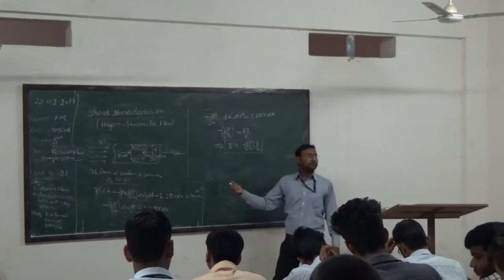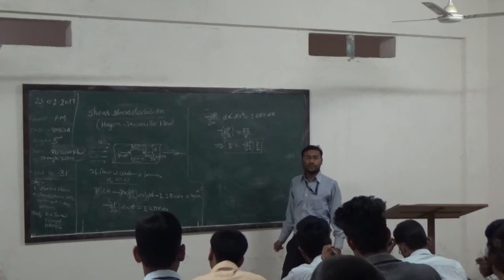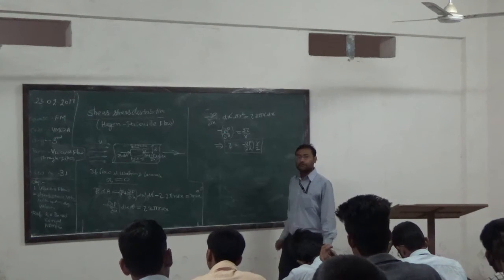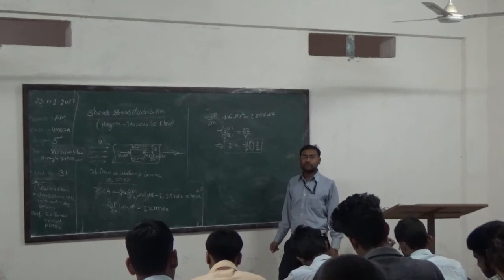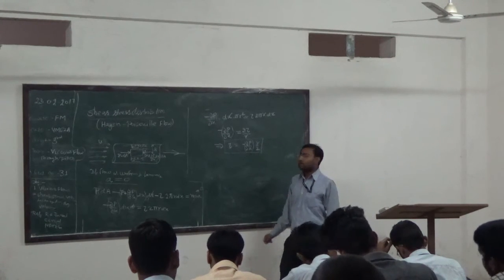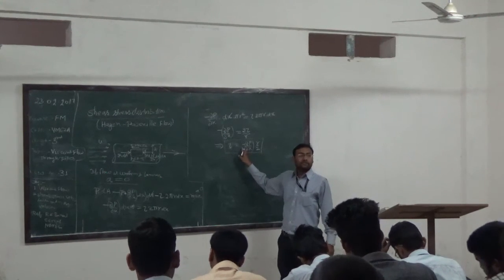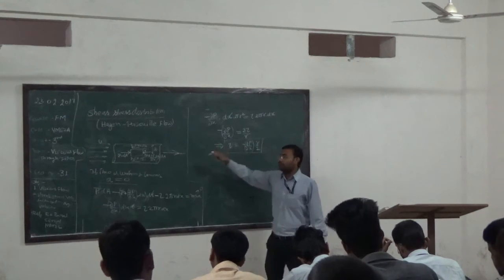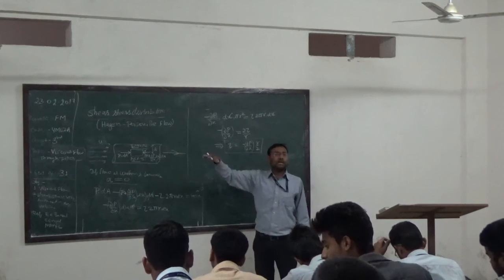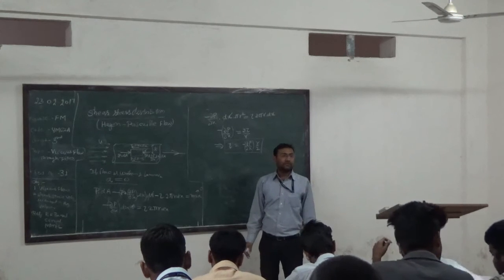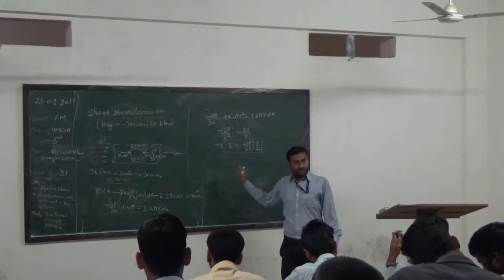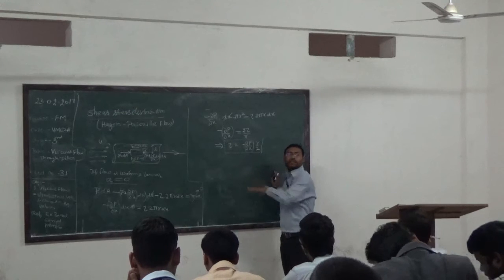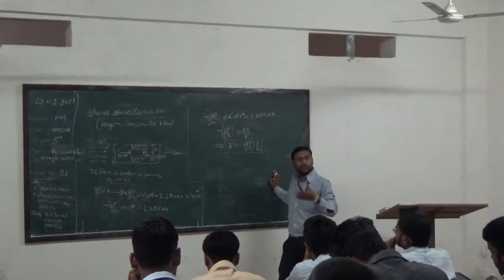This is the value of shear stress at radius R. And this negative sign is indicating that the shear force is acting in the opposite direction. The shear stress is acting in the direction opposite to the flow.